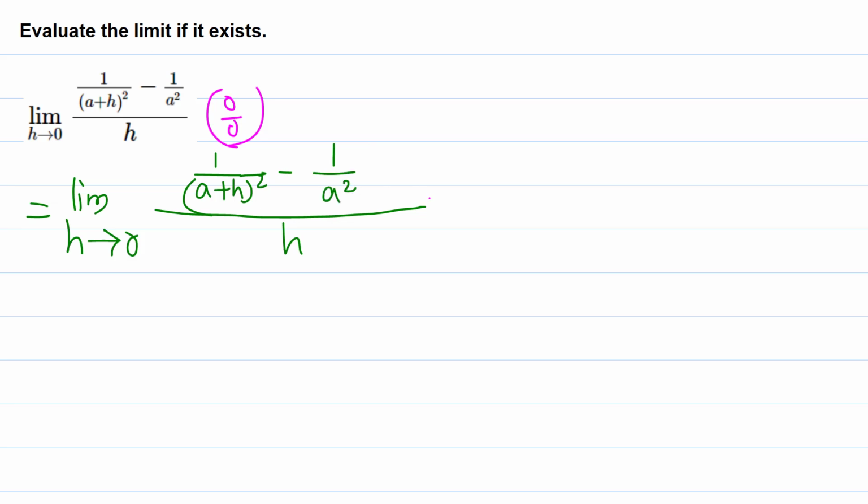Now I would like to multiply by the common denominator, which is (a plus h) quantity squared times a squared. This is one block, another block, and the same thing on the bottom. So we can multiply by this. Now how does this help?